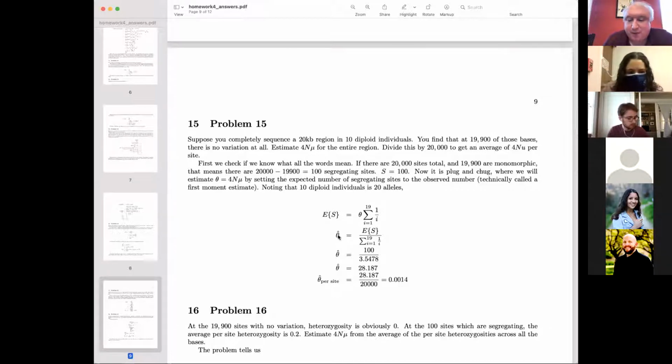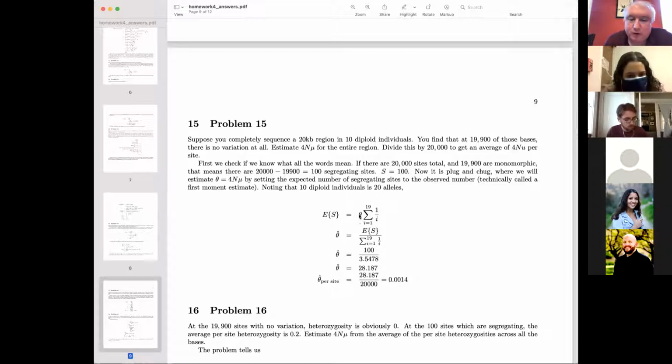So a good estimator of theta might be the observed number of sites divided by this thing, because theta gives rise to the expectation. So you can sort of think of this as a first moment estimator of theta.